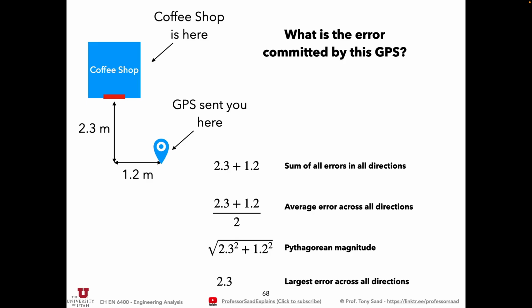Or you can take the worst case value, the 2.3. This is the worst case scenario, and that's my worst error. All of these are valid. And you will see in practice, they are consistent with each other as long as you are clear about what error you are reporting.